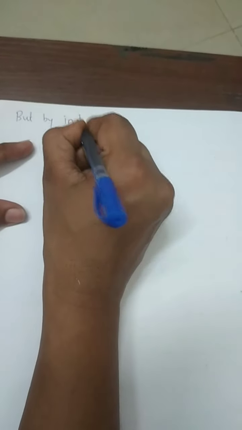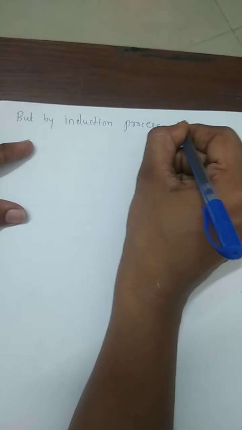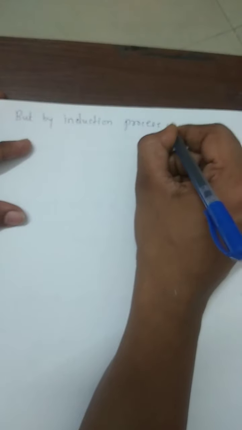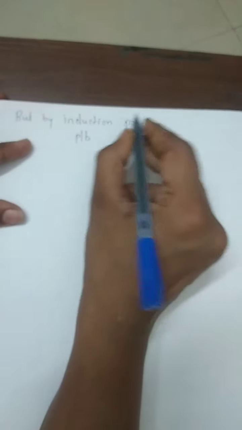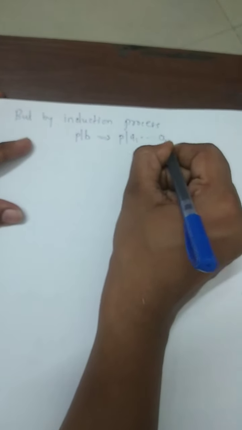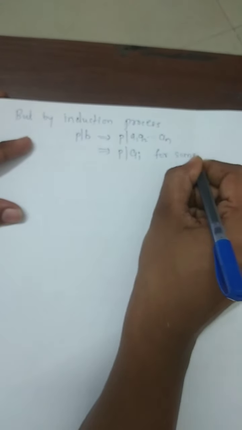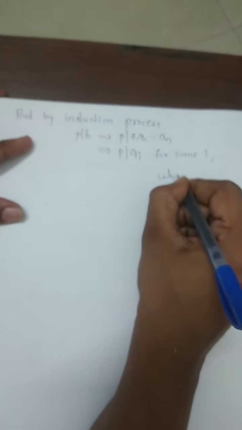But by the induction hypothesis, P divides B. And what is the value of B? B is the product of A1, A2 up to An. So we can write P divides Ai for some i, where i is greater than or equal to 1 and less than or equal to n.